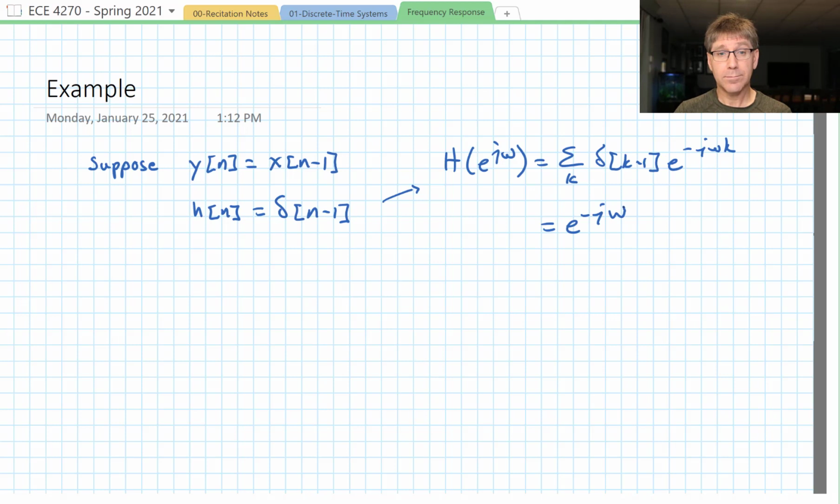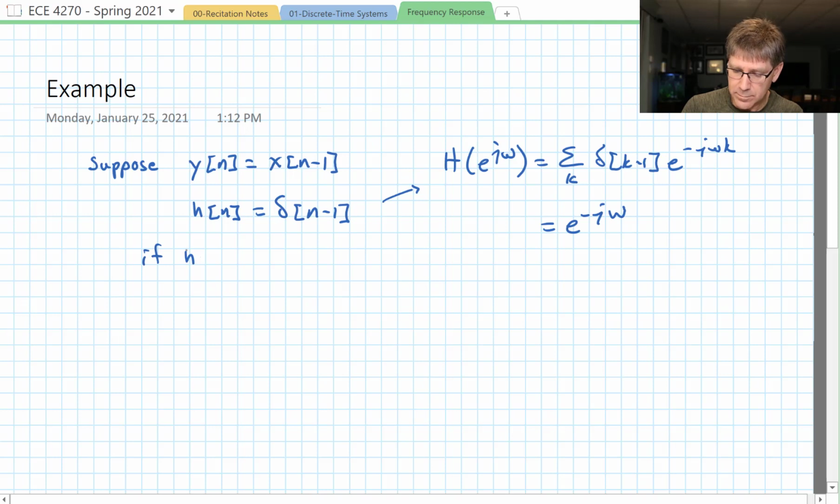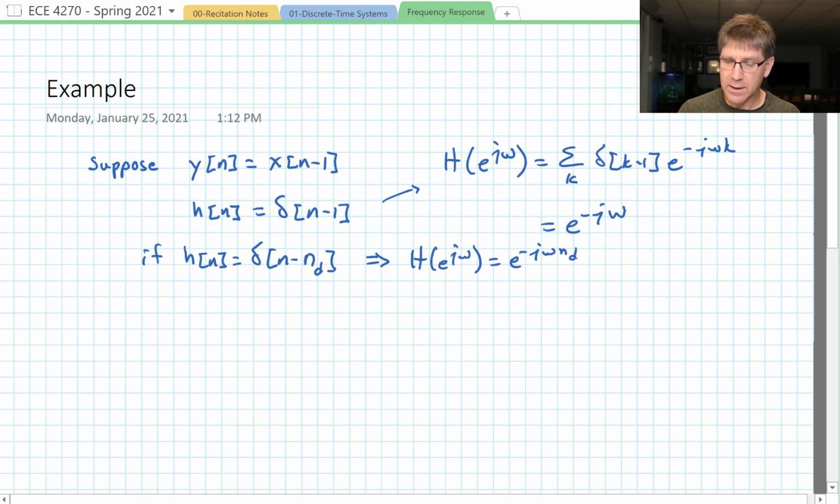Okay. So in general, if we had a delay, if h of n were equal to delta of n minus n_d, for example, we would get H(e^{j omega}) equal to e to the minus j omega n_d, and away we would go.